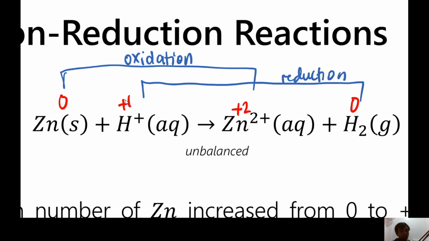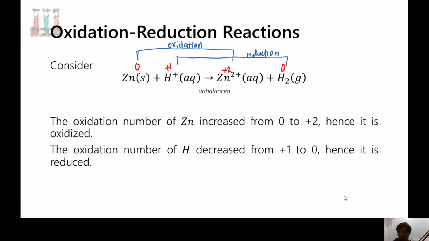We have positive 1, and it went down to 0. So by just observing, we see that the oxidation number of zinc increased from 0 to 2, hence it is oxidized. The oxidation number of hydrogen decreased from positive 1 to 0, hence it is reduced.